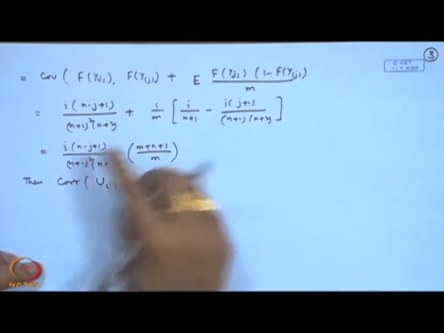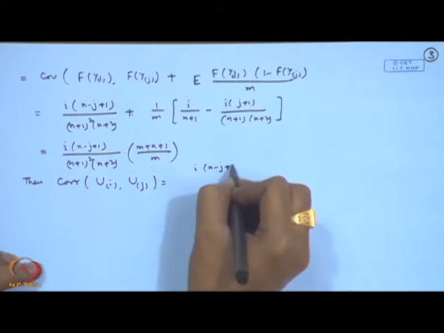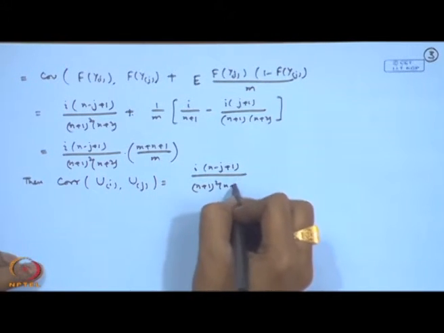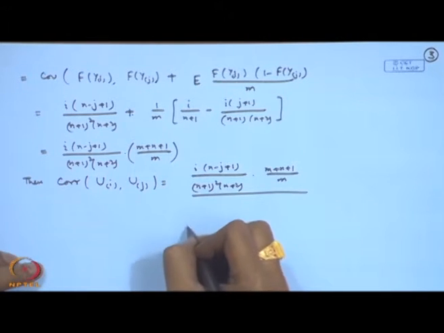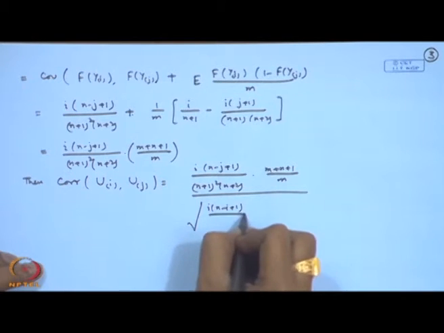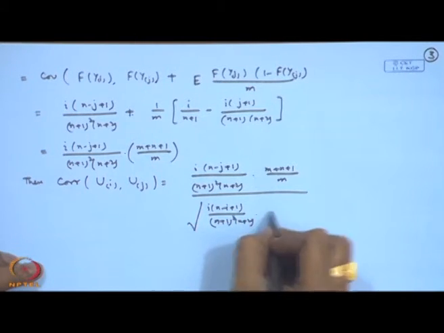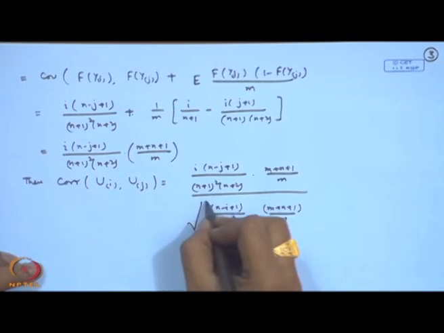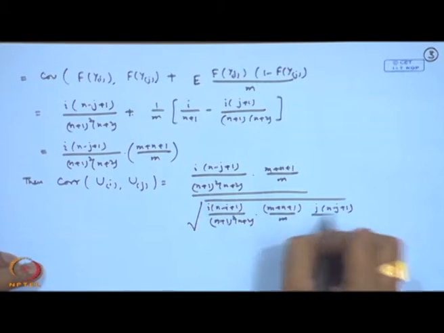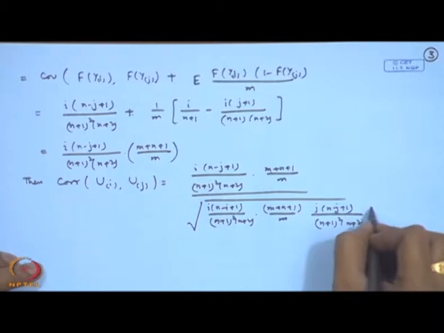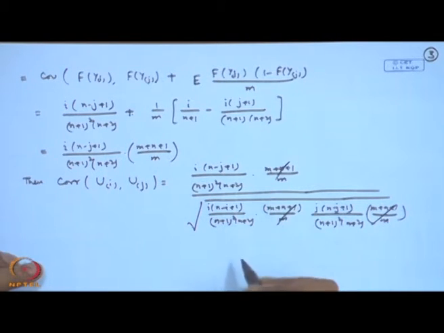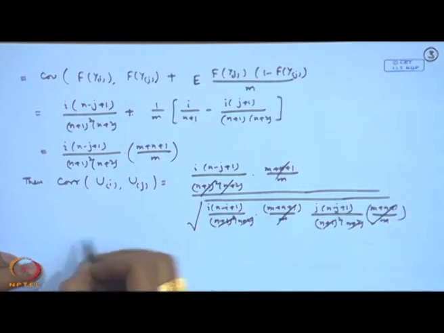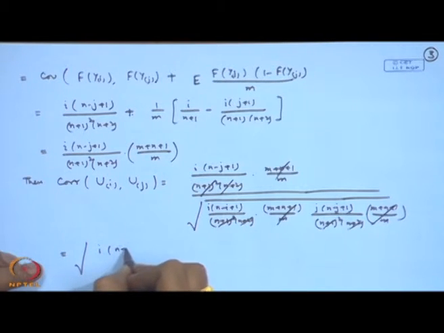So, it is becoming i into n minus j plus 1 divided by (n plus 1) square into (n plus 2), m plus n plus 1 by m, divided by... So, you can easily see that these terms will get cancelled out and we are left with simply i into n minus j plus 1 divided by j into n minus i plus 1.